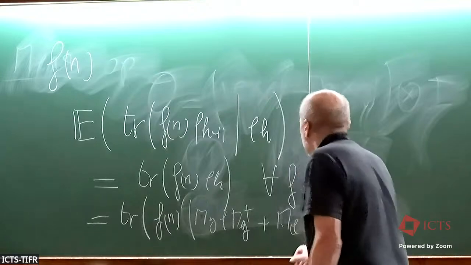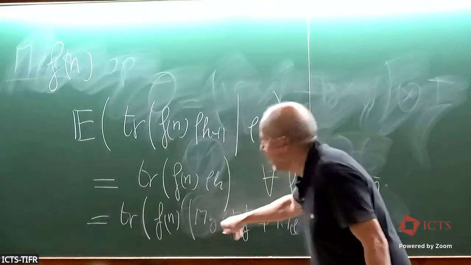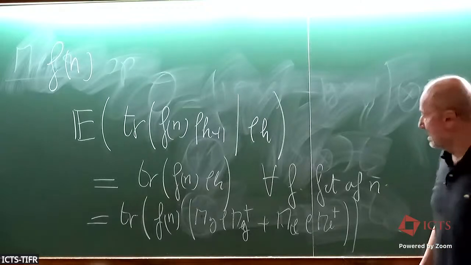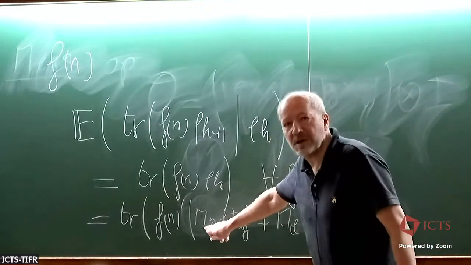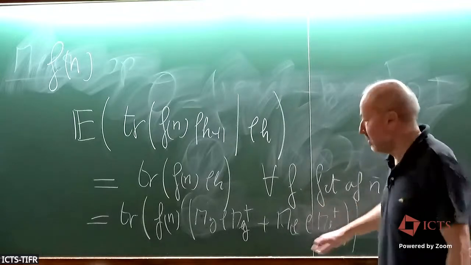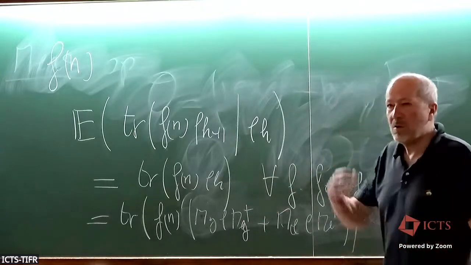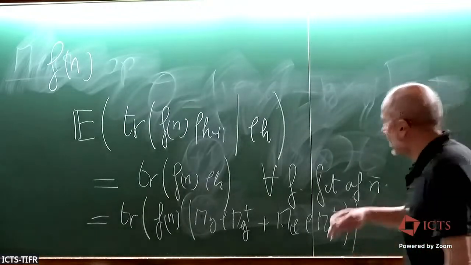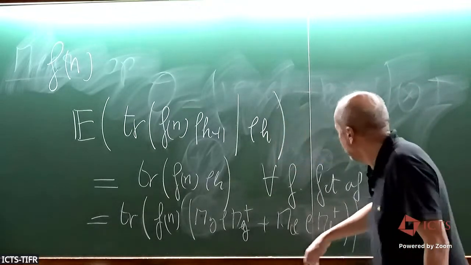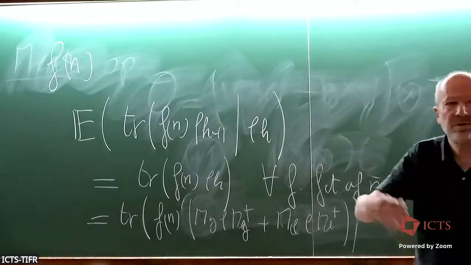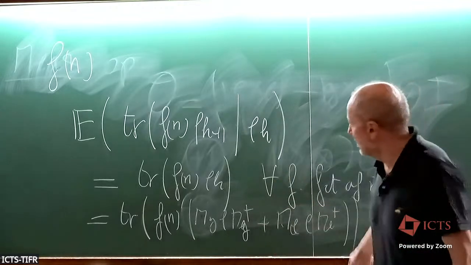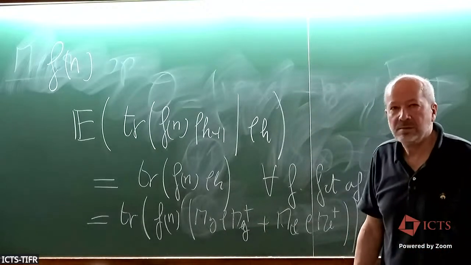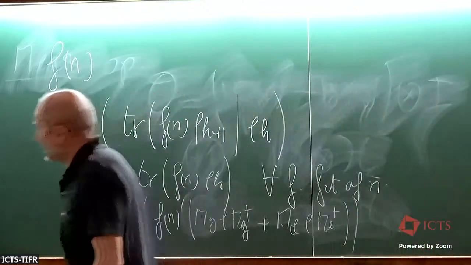Okay? But all the operators commute. Because M_g is a function of n, M_e is a function of n, I can put the rho on one side and all the operators on the other side. And I know that M_g squared plus M_e squared, which is sine squared plus cosine squared, is 1. So I recover the trace of f of n rho. Okay? So you have a lot of martingales.